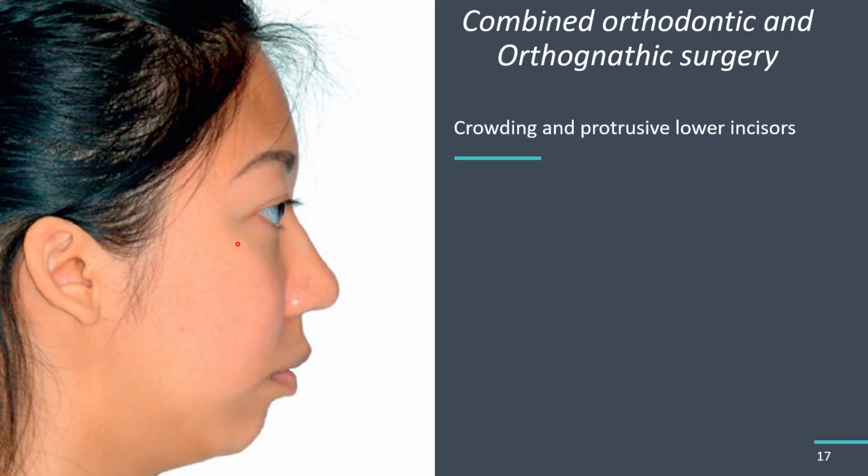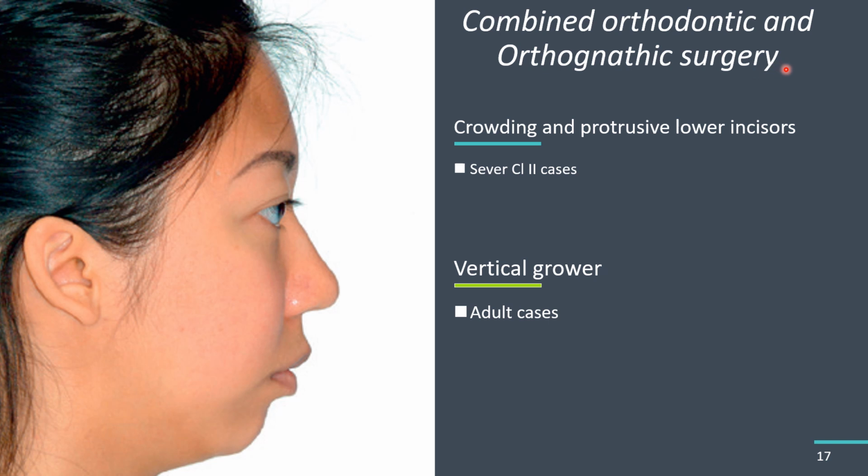Combined orthodontic and orthognathic surgery is mostly indicated in an adult or non-growing patient when there is a severe class 2 skeletal pattern due to maxillary excess in combination with mandibular retrognathism, or a severely deficient mandible, and there is crowding with a protrusive lower incisor, and the patient is a vertical grower, that means increase in the lower vertical dimension with clockwise rotation of the mandible.